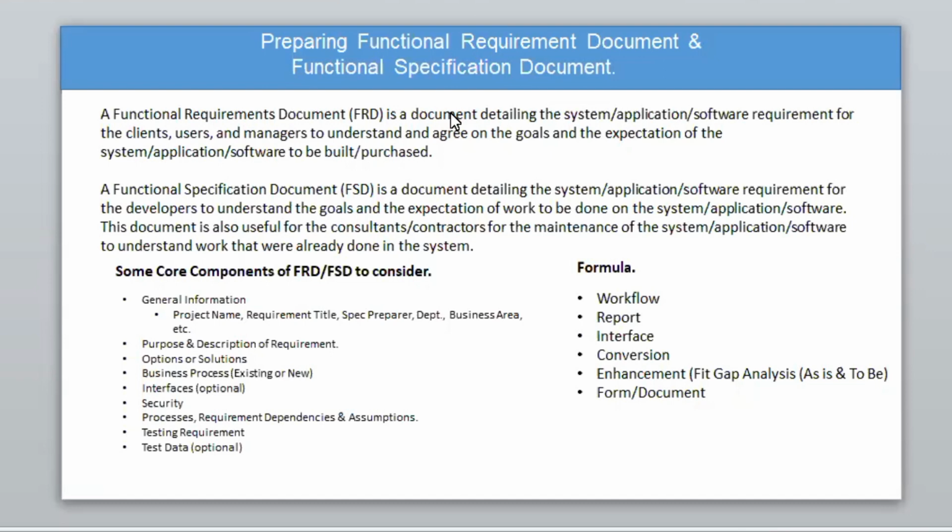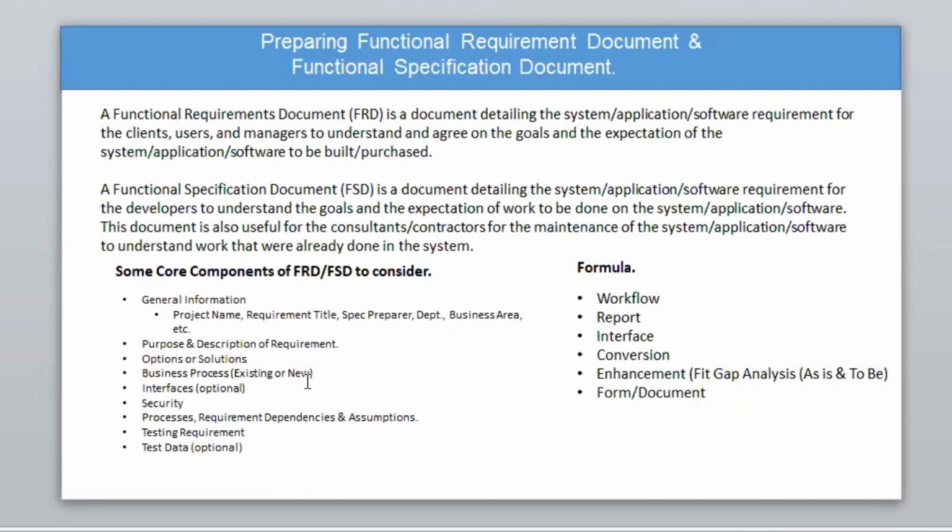All right. So what are some of the core components of FRD and FSD to consider when you are writing them? Now, I will backtrack to remind us that every organization out there, 80% of them will already have a template.